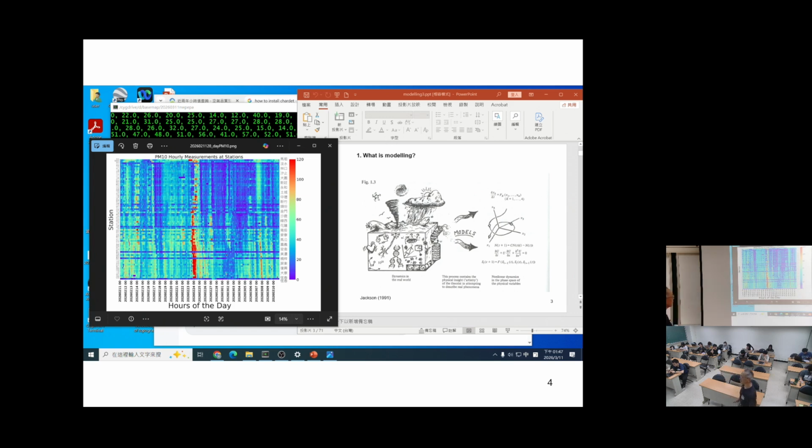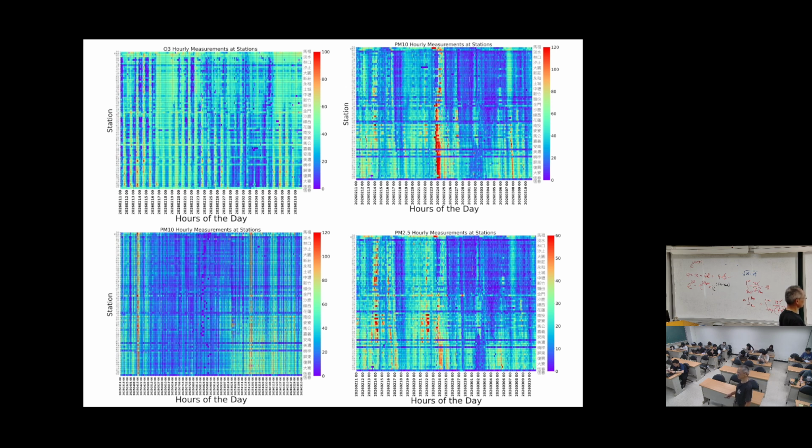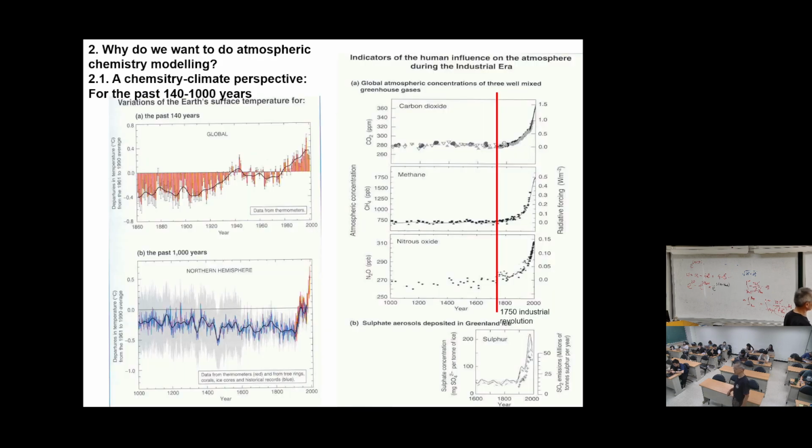Okay, so this is as we show you. If you see this kind of process, then we want to understand what are the processes for this chemical, for the ozone, PM10, PM2.5, how they make these predictions.